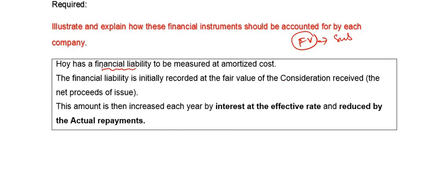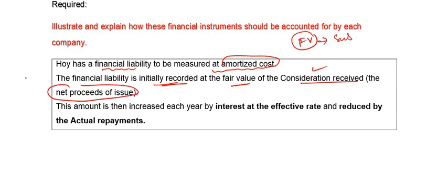So H has a financial liability to measure at amortized cost, and a financial liability is normally measured at amortized cost. Now the financial liability is initially recorded at fair value, and the consideration received, meaning whatever amount you have received, you have to record. Now this consideration should be the net proceeds.